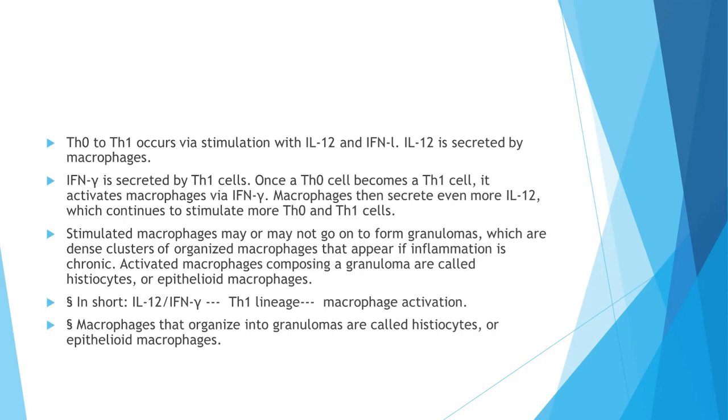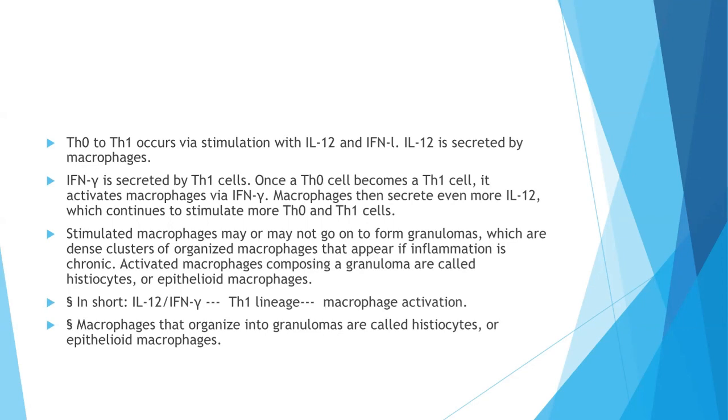Now, these stimulated macrophages may or may not go on to form granulomas, which are dense clusters of organized macrophages that appear if inflammation is chronic. The activated macrophages composing a granuloma are called histiocytes or epithelioid macrophages. In short, interleukin 12 or interferon gamma will activate the TH1 lineage, which goes on to cause macrophage activation.